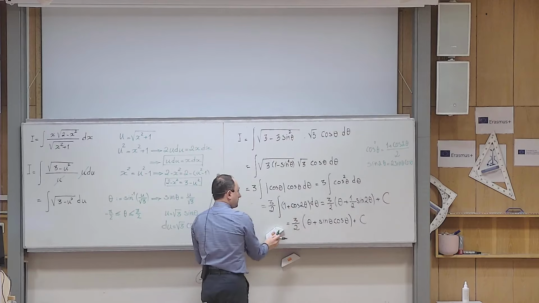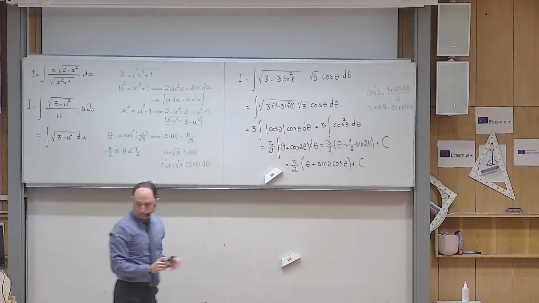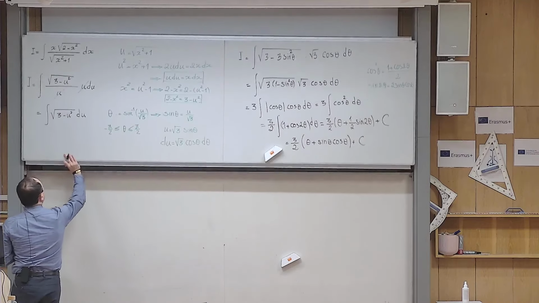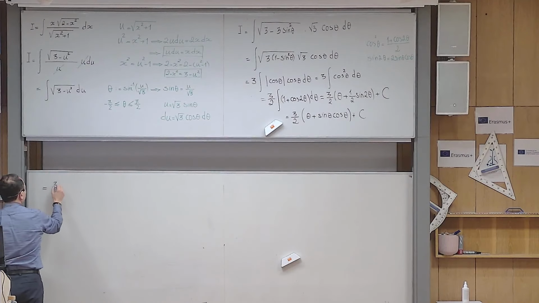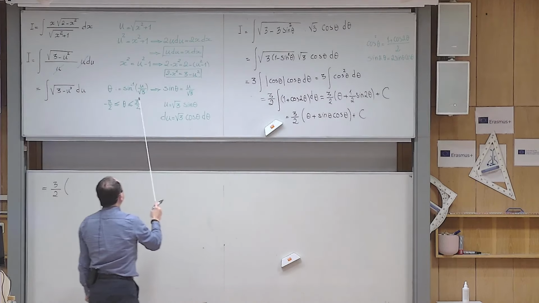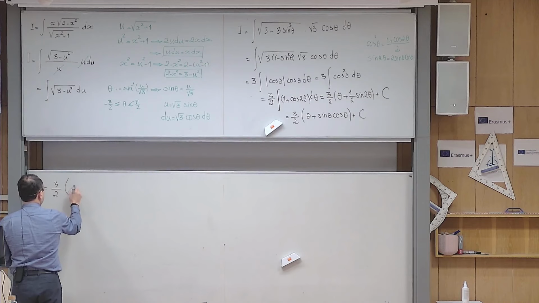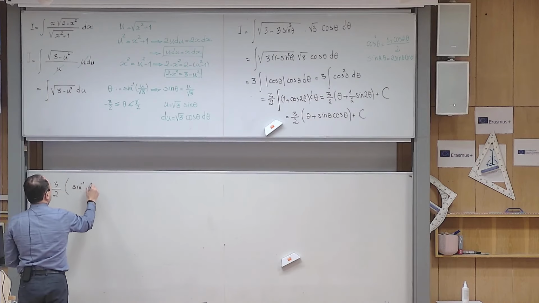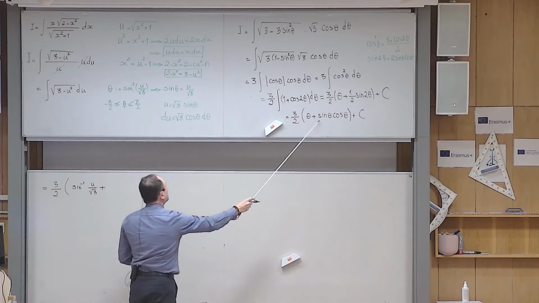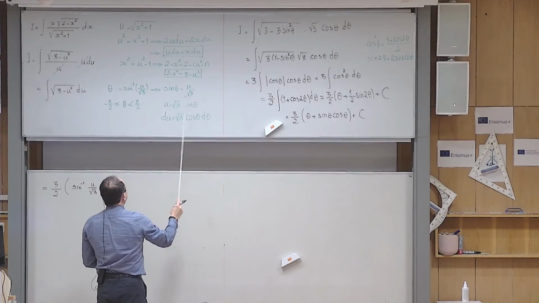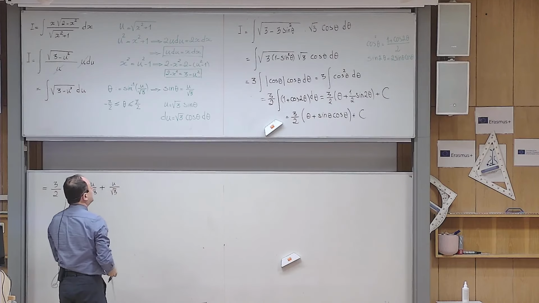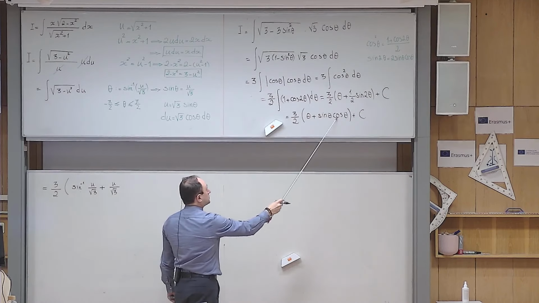And now I switch from theta to u. So what we need to do now, I continue here. So this becomes equal to 3/2. So instead of theta, I can use this. So it becomes sine inverse of u over square root of 3, and then plus, instead of sine theta, again, I can use this. So it becomes u over square root of 3, and then multiplied by cosine theta.